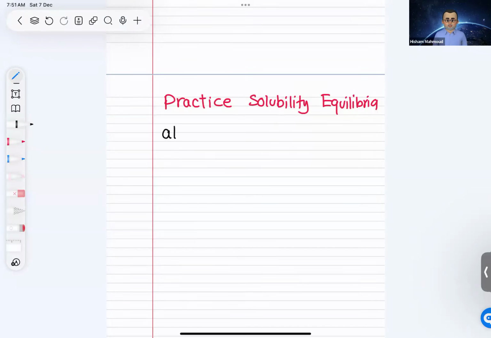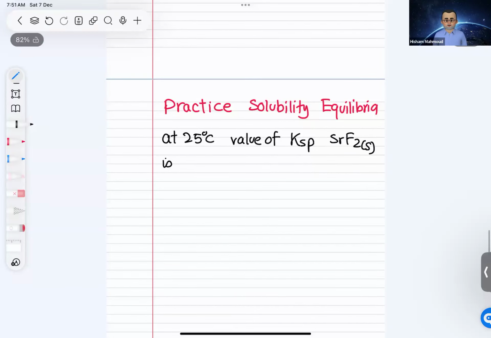So here at 25 degrees Celsius, he has to define the temperature every time. The value of Ksp for SrF2 solid is 4.3 multiplied by 10 to the power of -9. Calculate the molar solubility.